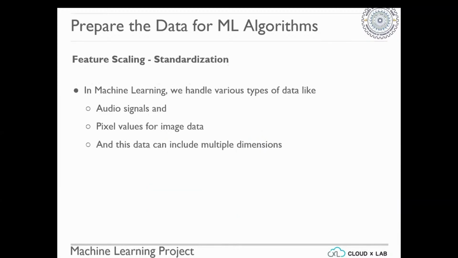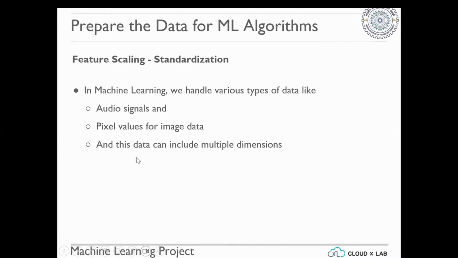Okay. Next method is standardization. So again in standardization, we do the feature scaling, right? In machine learning, we handle several types of data. For example, we can build a machine learning model that takes audio signals or images as an input, right? And images can have multiple dimensions.